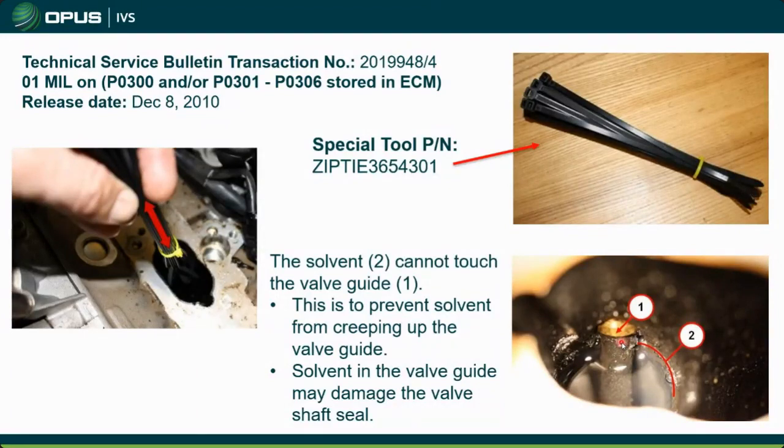Well, that gap is very, very thin, and if you fill your solvent up too high, through capillary action that solvent can creep up that valve guide and damage the seal or damage the shaft of the valve. Definitely something you want to avoid. So just something to be aware of.